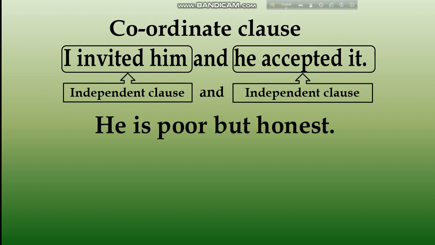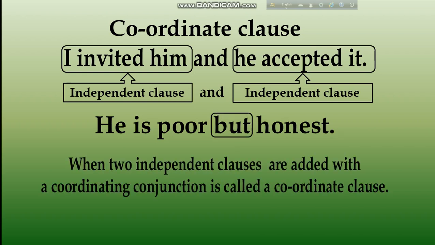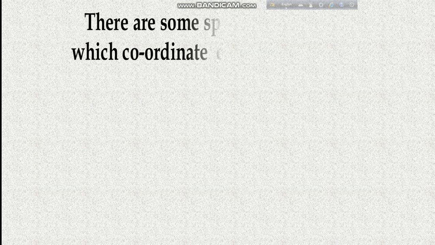He is poor but honest. Here you can see the two clauses: one is he is poor and another is he is honest. Both clauses are coordinating clauses. When two independent clauses are joined with a coordinating conjunction, they are called coordinating clauses.